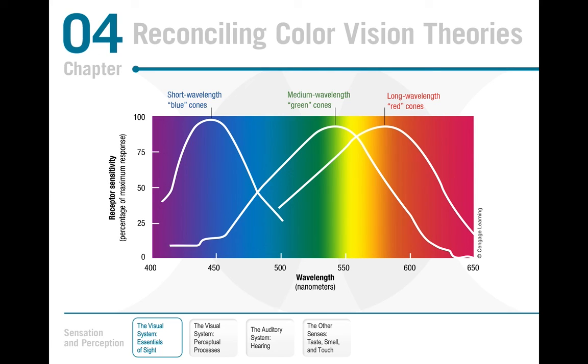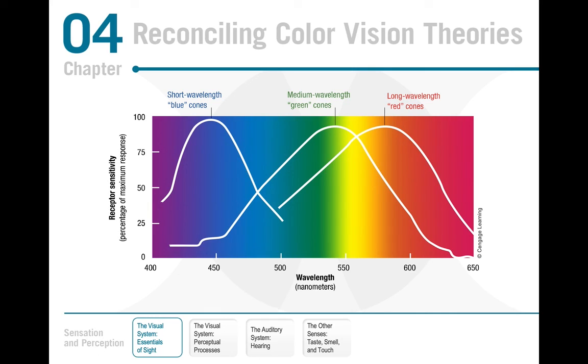Research has identified three types of cones in your retina that have varying sensitivities to different wavelengths of light. As this graph here shows, the x-axis represents the wavelength, and the y-axis represents the receptor sensitivity. You have three types of cones that correspond roughly to red, green, and blue, as predicted by trichromatic theory.